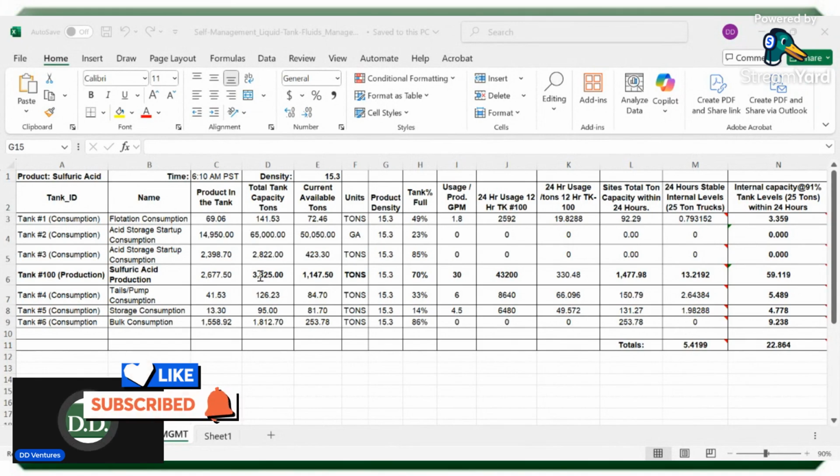Your ultimate goal here is to balance your internal capacity with what actually needs to be pulled from the production tank. As long as you pull the calculated number of 25-ton trucks from the production tank within the next 24 hours, and the gallons per minute stay constant based on your inputs from the stakeholders each morning at 6 a.m., the tank will still be at your desired forecasted tank level the next morning.